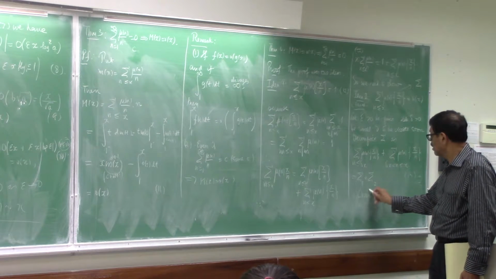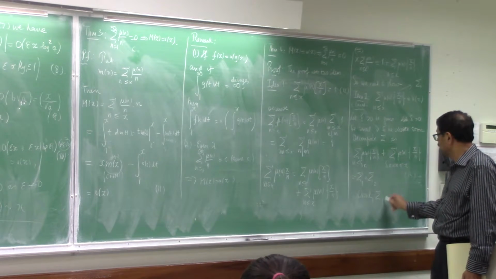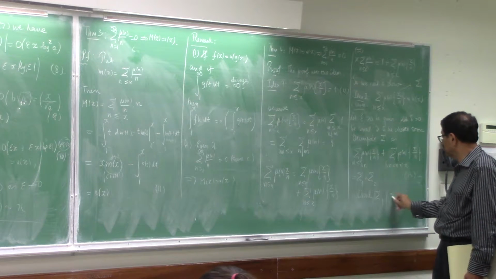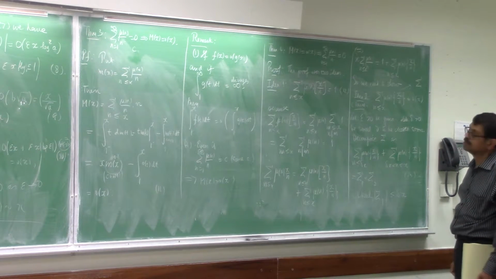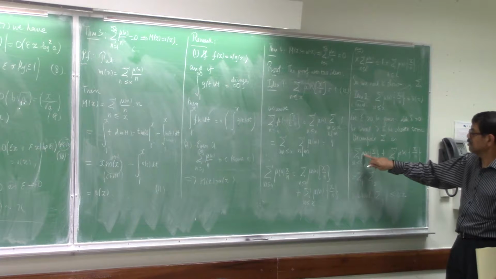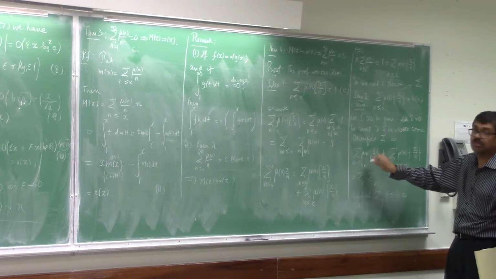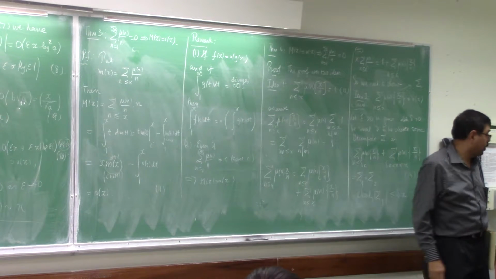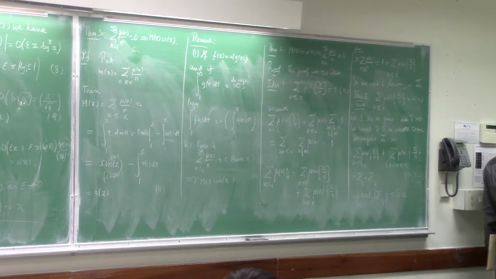Clearly, sigma 1 in absolute value is less than or equal to delta x. Each term is no more than 1 inside, so there's nothing there. So we have to calculate sigma 2.